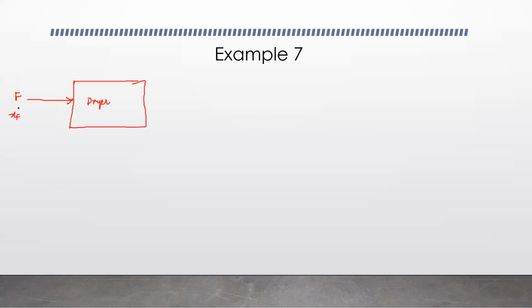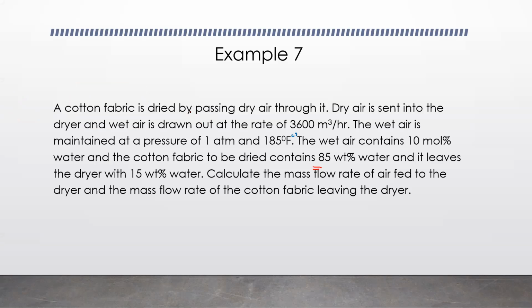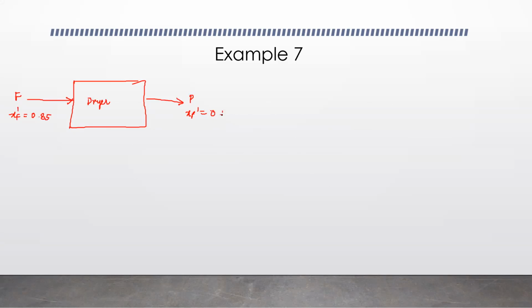Since they are using both mole fraction and weight fraction, I'm going to use XF dash for weight% and XF for mole%. So XF dash they have given as 0.85, and for the product, XP dash is 0.15.